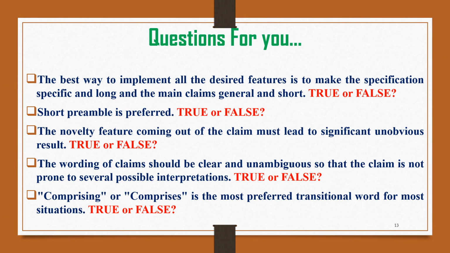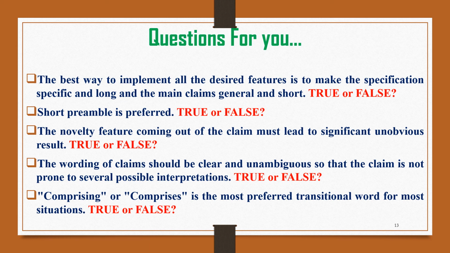Now comes the most awaited slide of this video lecture, because in this slide there are questions for you. Question number 1. The best way to implement all the desired features is to make the specification specific and long and the main claims general and short. True or false? Question number 2. Short preamble is preferred. True or false? Question number 3.